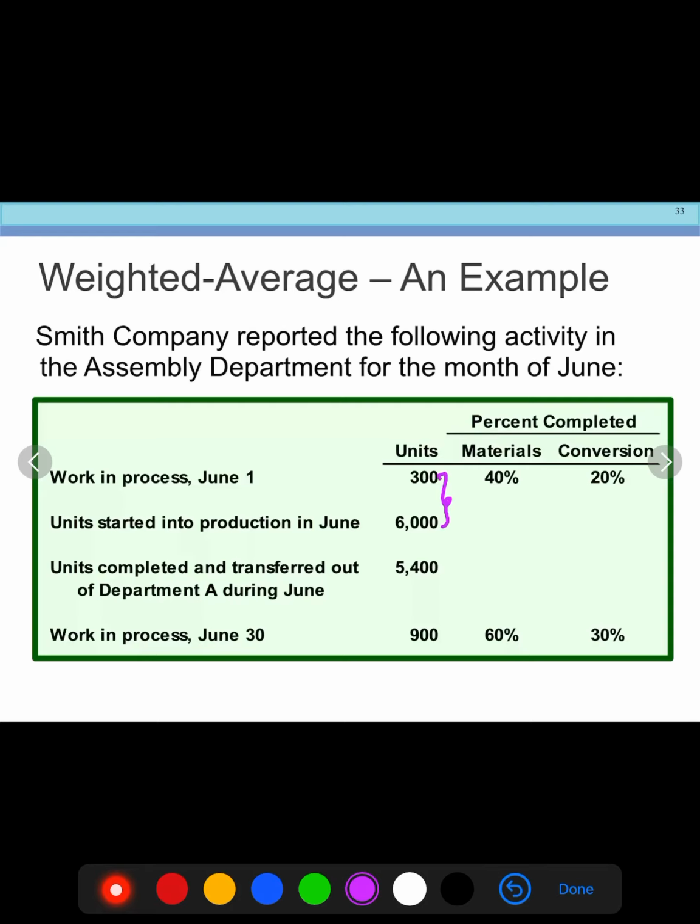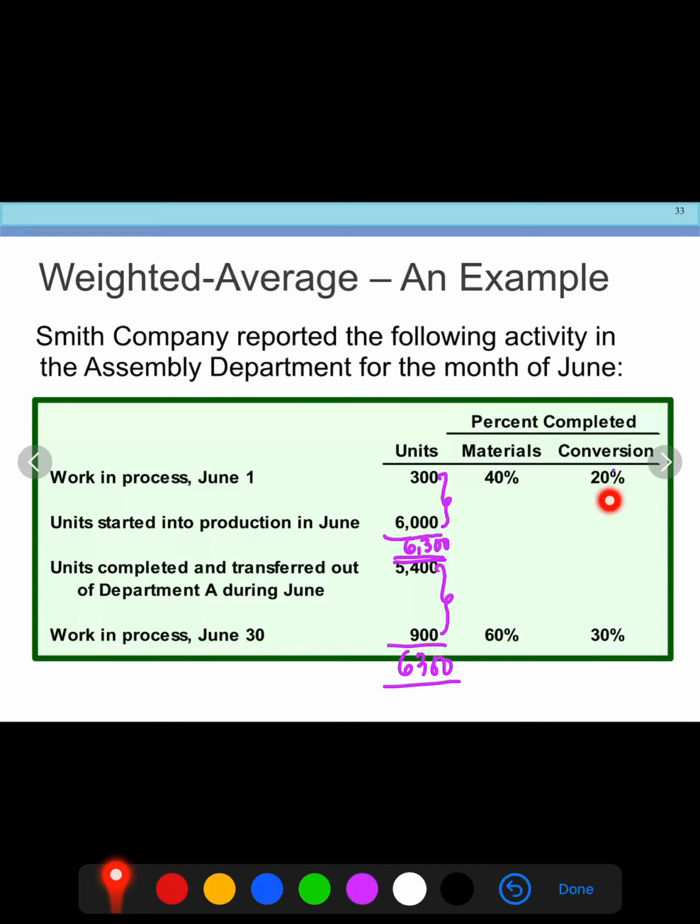Kasi in this case, wala namang increase due to addition of materials. So 6,000 and 300, that's 6,300. And units as accounted for is the combination of 5,400 and 900, which is equivalent also to 6,300. Okay? Again, please take note, the units to account for must be equal to the units as accounted for.